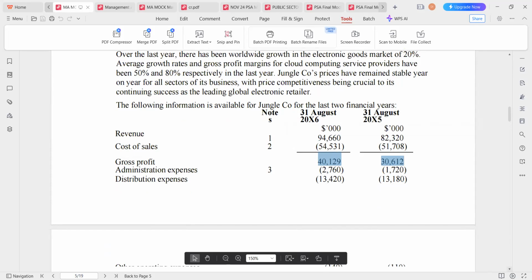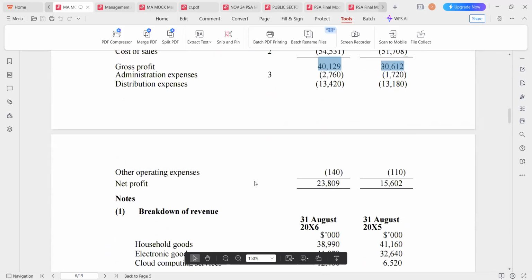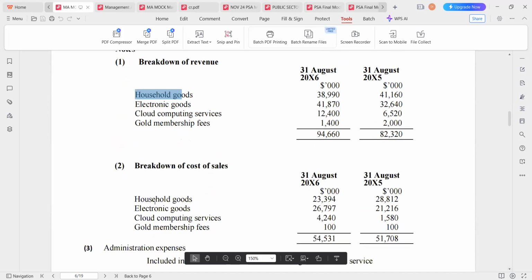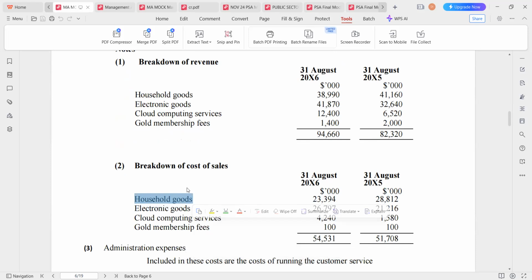They also gave me the net profit margin. Net profit is also here. But you see, they gave me a breakdown of revenue. Then they gave me the breakdown of cost of sales. Then indirectly, it means that I have to find the gross profit margin for individual products.